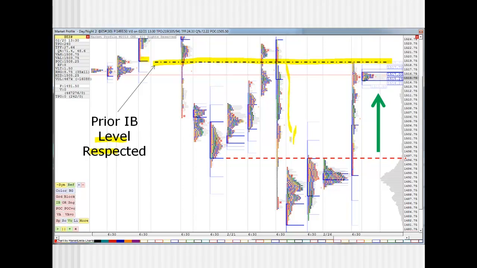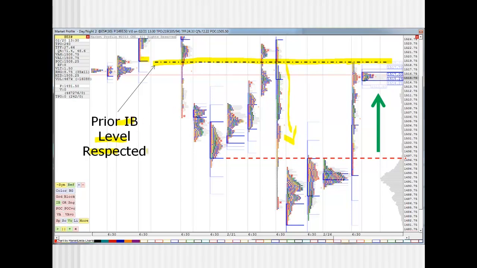Prices drop. Okay, now notice again down the road when prices come back up for another retest, they're not able to penetrate that level. Hopefully you're beginning to see that these points on the chart, or the reason that price behaves the way it does, is not random or haphazard. It really is responding to these key levels related to the initial balance.